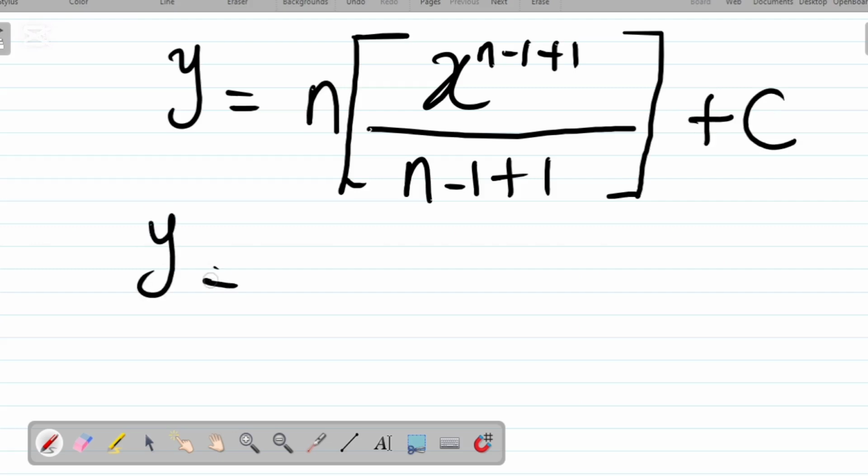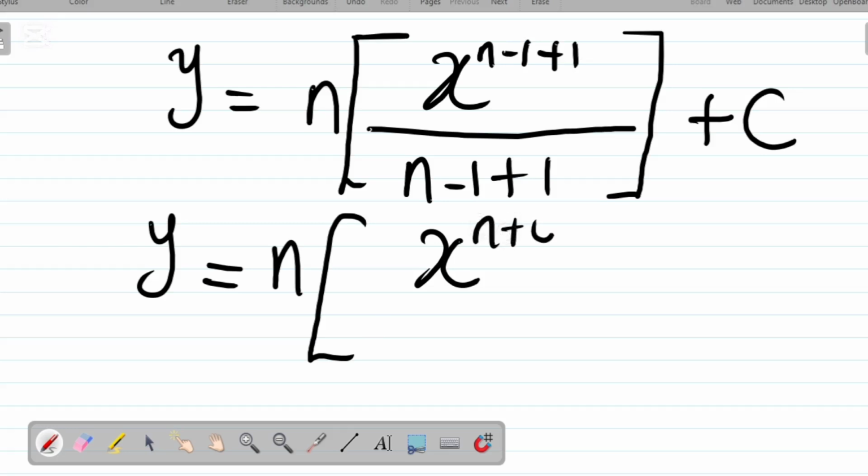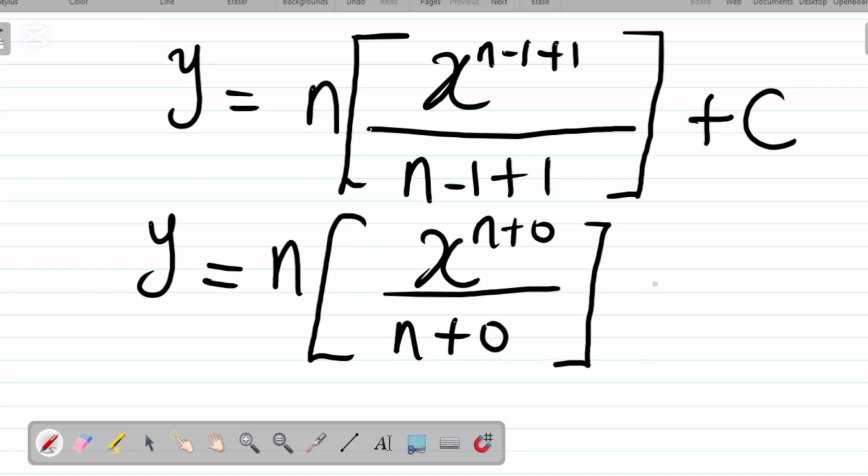So y equals n open bracket x raised to power n minus 1 plus 1. Negative 1 plus 1 is the same thing as 0. So we have here n plus 0 all over n plus 0 plus integration constant.